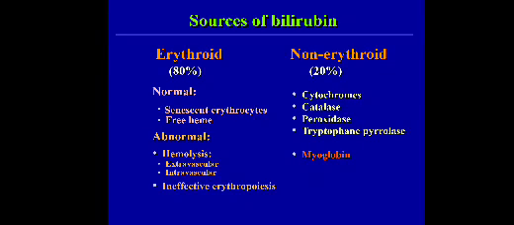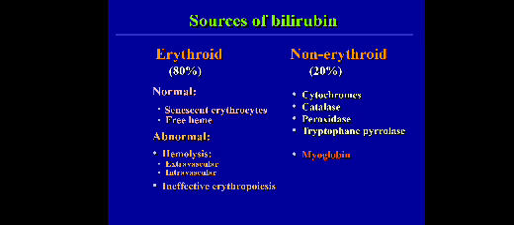Then we come to the source of bilirubin. There are two sources of bilirubin: one is the erythroid source and the other is the non-erythroid source. In erythroid sources, under physiological conditions, there are the senescent erythrocytes, meaning the old RBCs, and free heme.